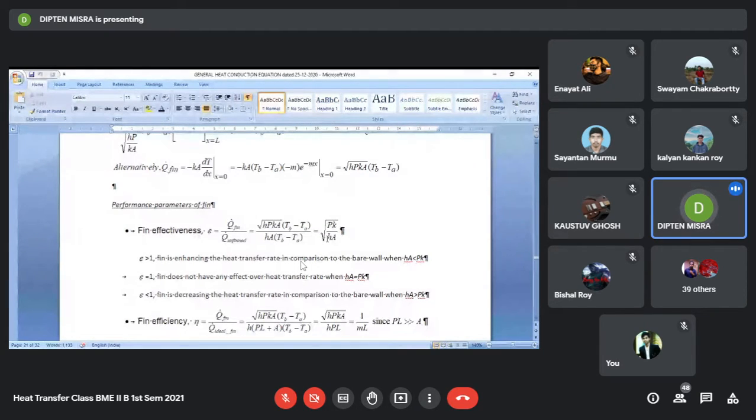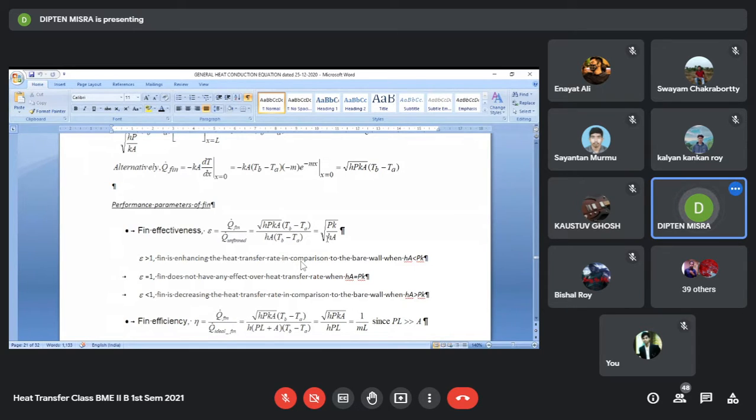That is why, in situations where you already have a very high value of h, you should not attempt to use a fin. The h value can be quite high, particularly in situations where we have boiling or condensation, where a liquid changes phase.